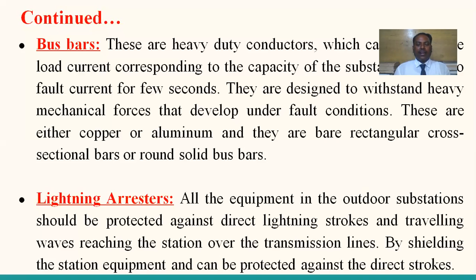Once lightning arises, it is simply diverted to the ground. Even on cell towers, at the top there is a lightning arrestor, which is grounded so that any high voltages are diverted to the ground and the equipment is protected. So lightning arresters play a very crucial role in shielding the entire outdoor station.